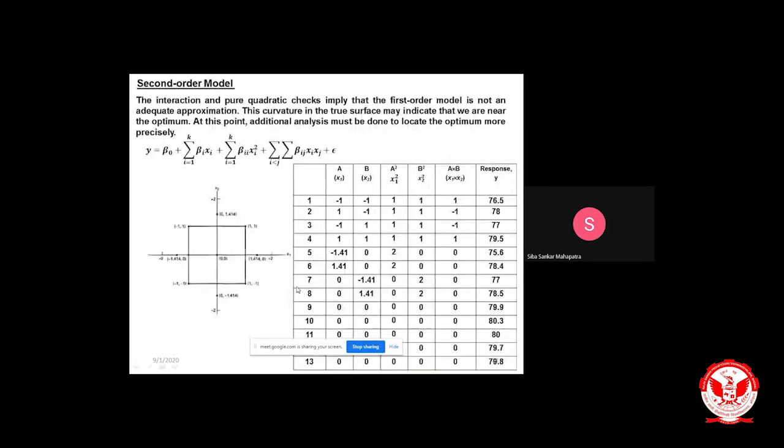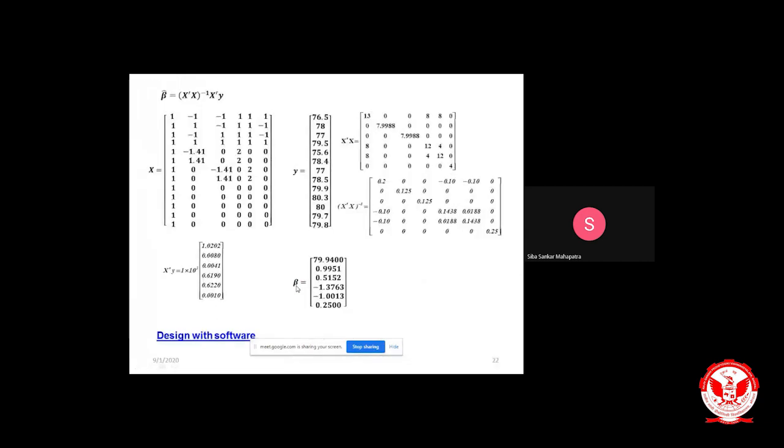Now, as usual, we estimate the values of these coefficients. These coefficients we found out, and we found a model like 79.94. This is the coefficient.